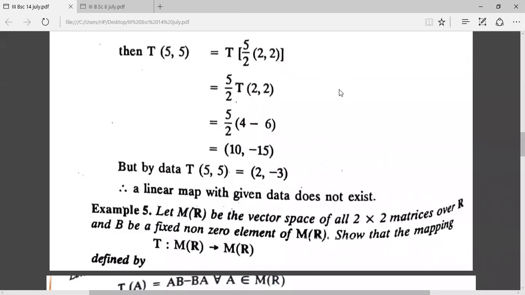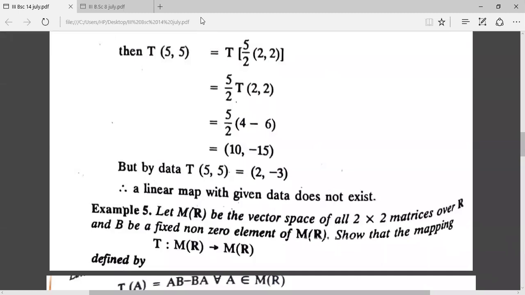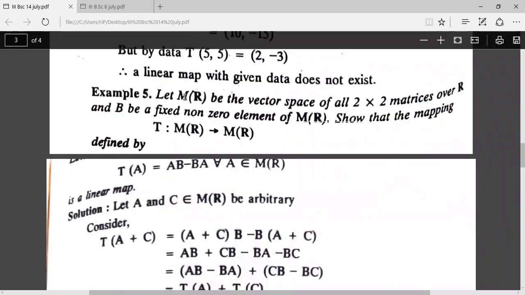Indudar, do you have any doubt? Is my voice audible? Okay, right. So let us go to the next problem.